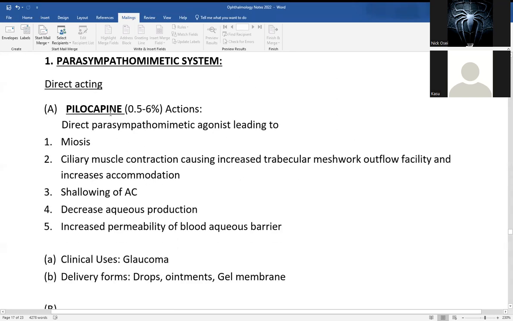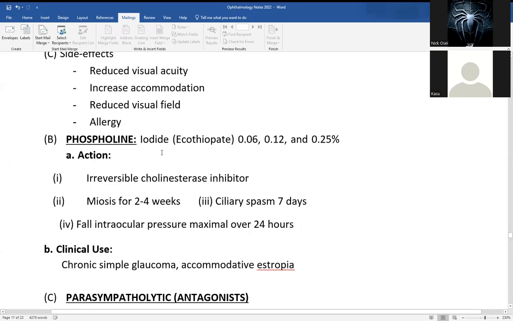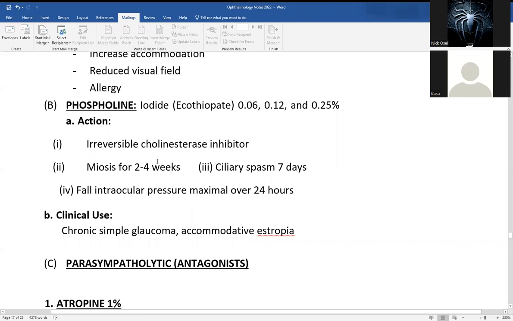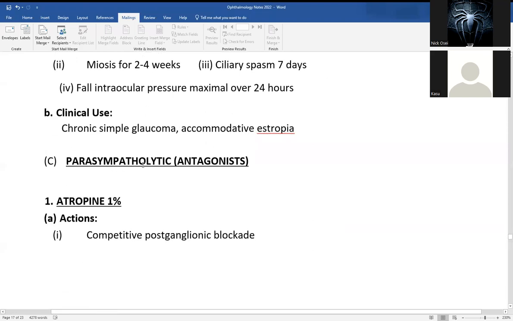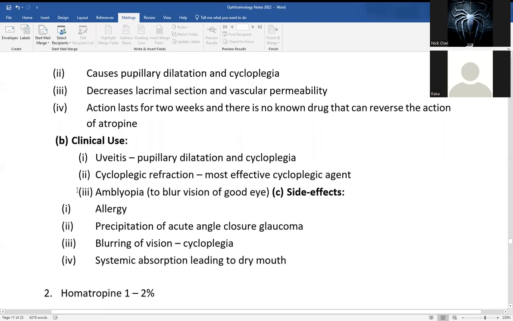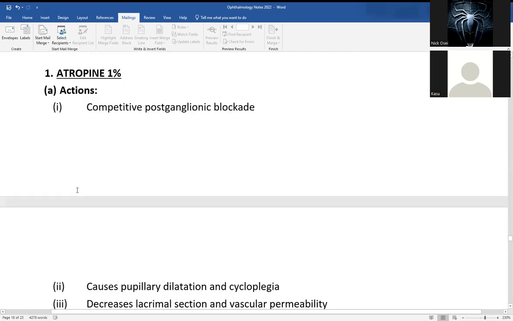Pilocarpine is a direct acting one, physostigmine is an indirect acting one, because it inhibits the cholinesterase. And then we have the parasympathetic antagonist, that is atropine.